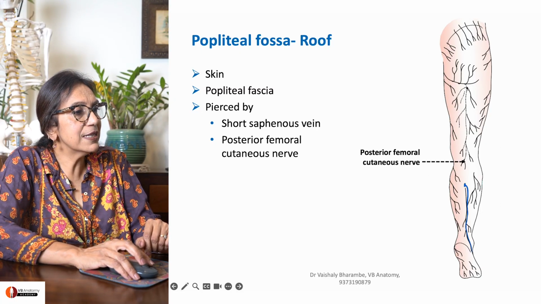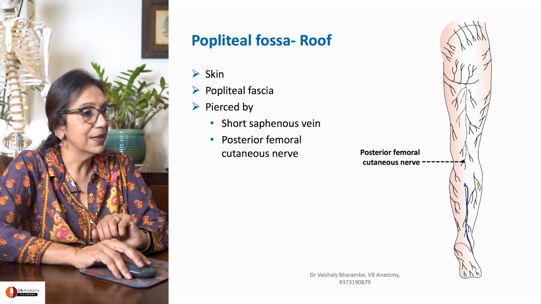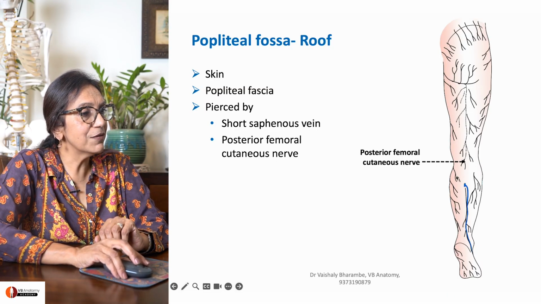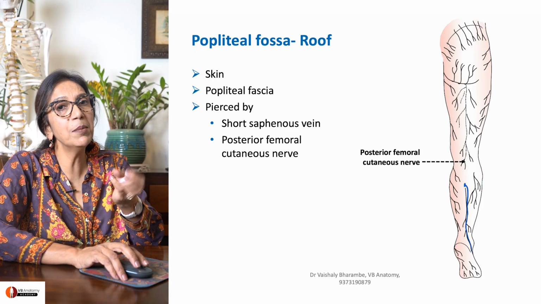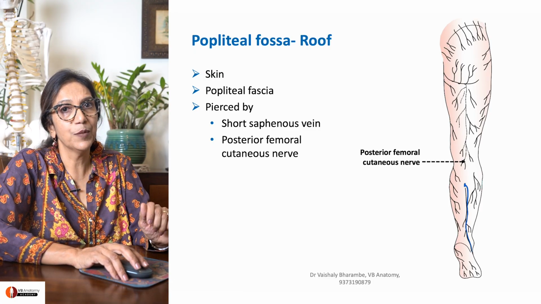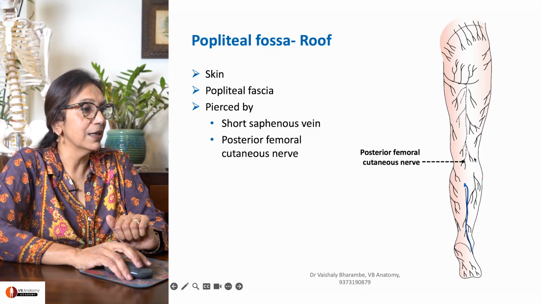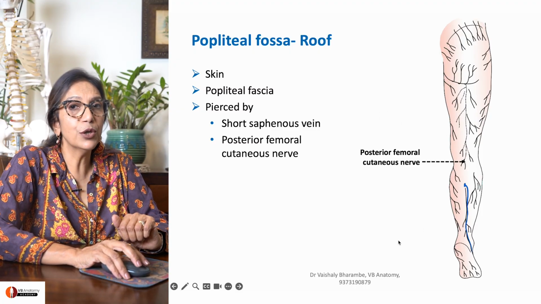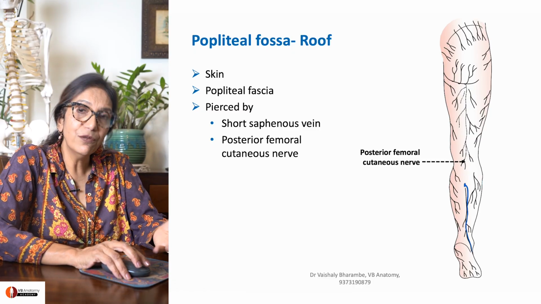You can see that there is a nerve which is drawn dotted because it's lying deep to the skin. Now in the region of popliteal fossa here, it pierces the skin to come and supply the skin. Okay. So it pierces the deep fascia to come and supply the skin. So that's the posterior femoral cutaneous nerve supplies the skin over the popliteal fossa.